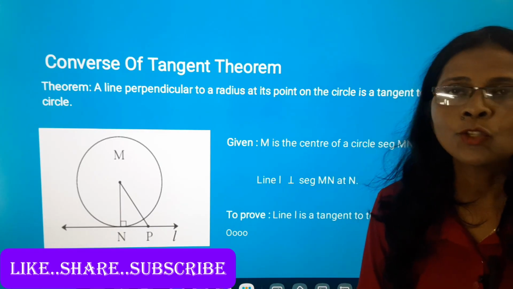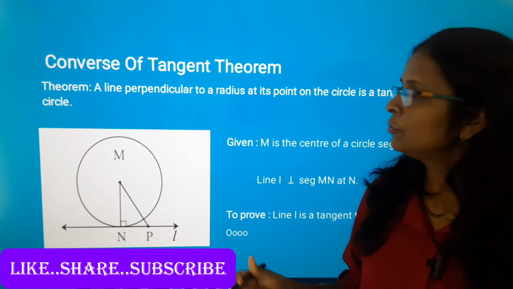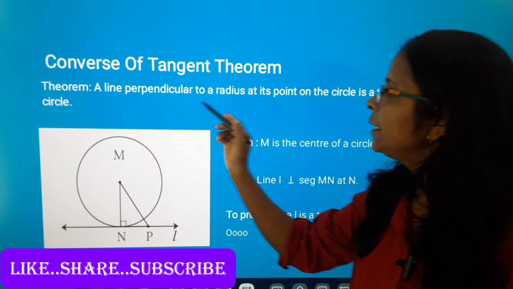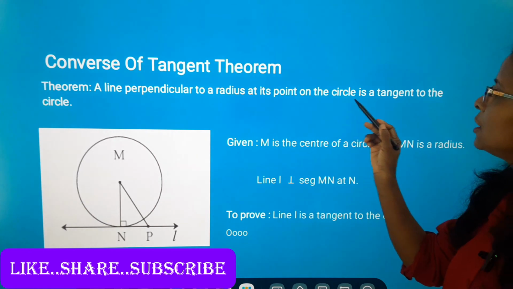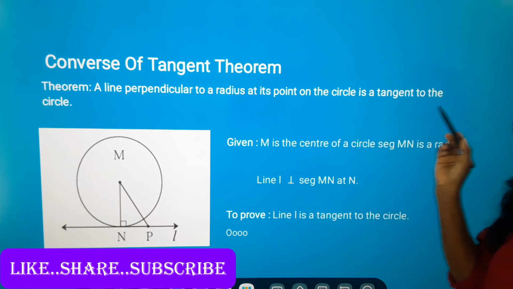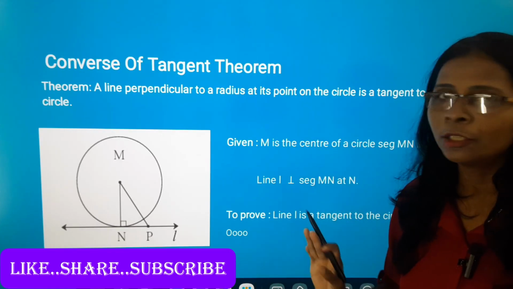Now the converse of the tangent theorem, students. What is the statement of this theorem? A line perpendicular to a radius at its point on the circle is a tangent to the circle. From the statement, we first draw the figure.